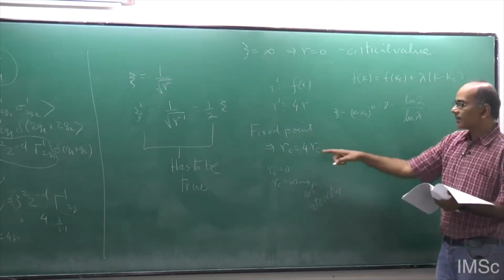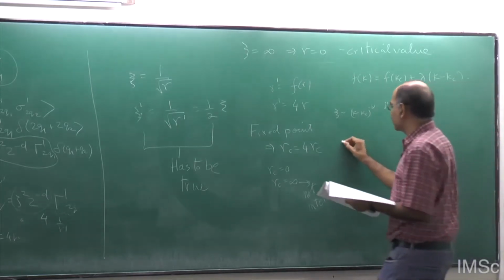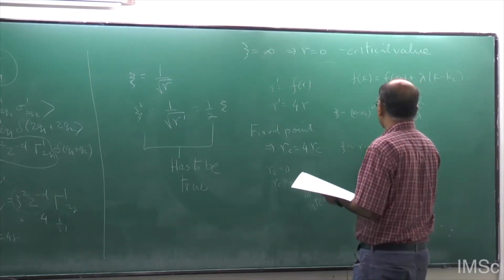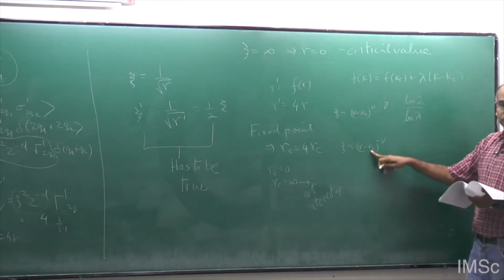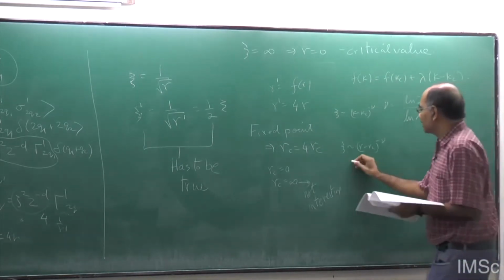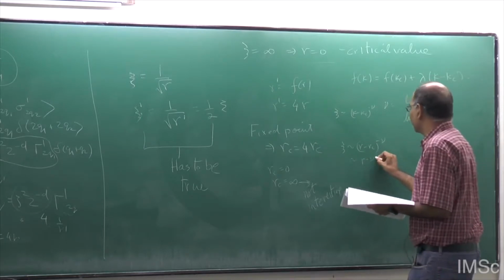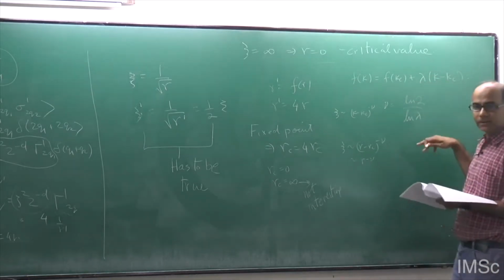So in our case, it's r minus rc to the power. So in our case, C is r minus rc, and rc is just 0. Okay, so this is r to the power of minus nu.